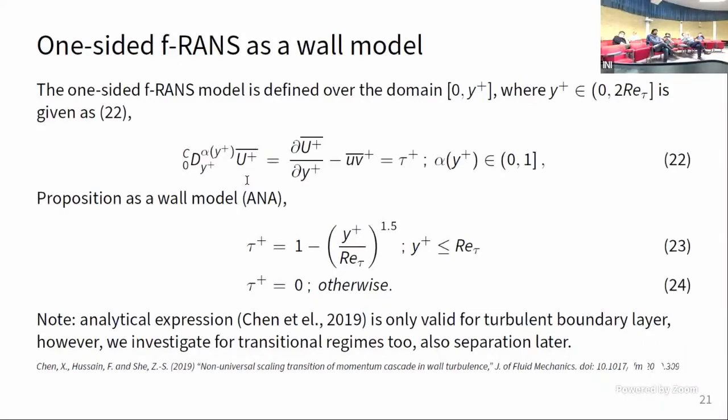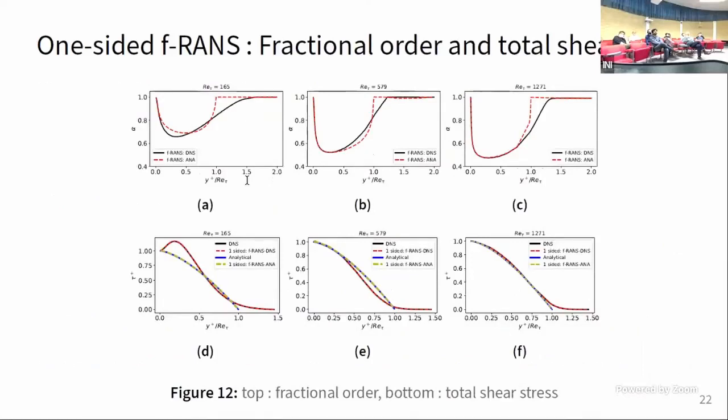So we started the project on turbulent boundary layers, but then we also looked into transition. And now I'm going to talk about the results jointly. As the flow becomes turbulent, the fractional order actually drops.